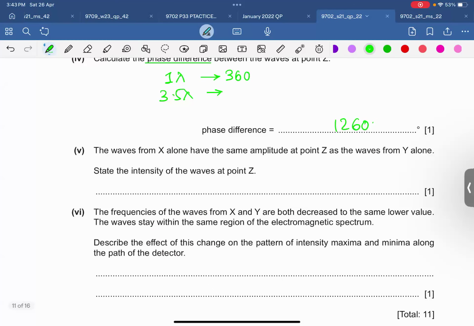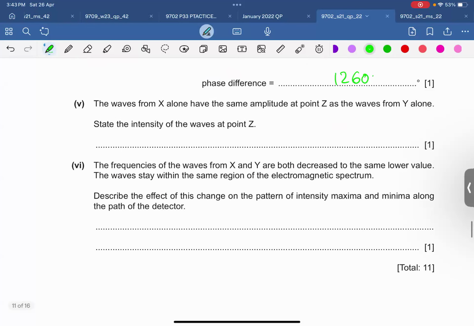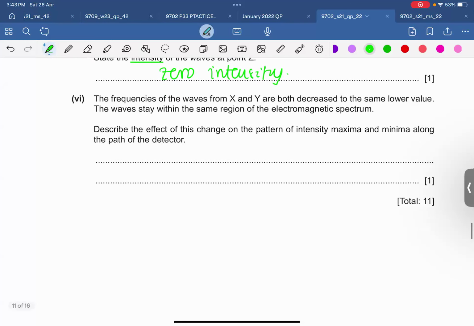Yes, guys. Destructive. Destructive. Very good. So now they're asking the intensity, right? So if we have the destructive interference, so we'll have the least intensity or zero intensity, right? Zero intensity. Very good, बच्चों. Very good. आगे आ जाओ इरफान.